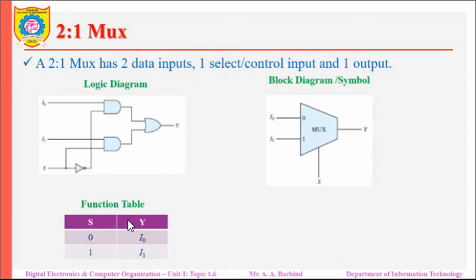The function table says that when the S input, this particular select input, is 0, then the output is the same as I0.